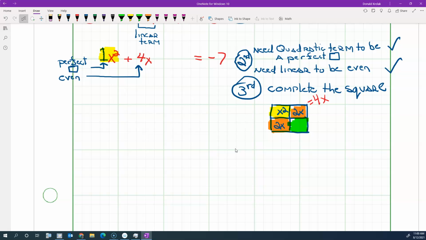And now you can figure out what goes outside your box. So this would have to be an x. This would have to be an x. How about this? A 2, because x times 2, and this a 2. So this missing number here is 4. So I'm going to add that to both sides.